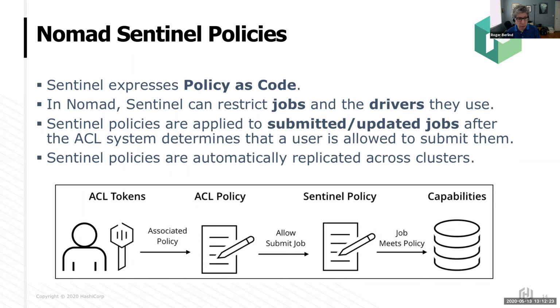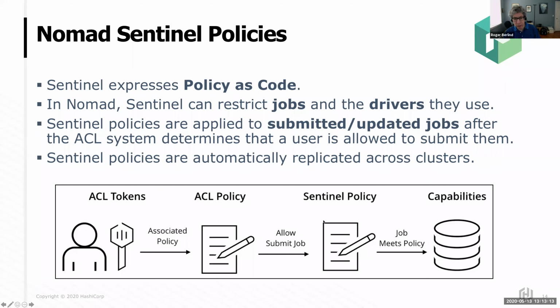applied when you submit a job, either to run a brand new job or to update an existing job. Now, the Sentinel policies are only run, we can see this on the bottom, if the ACL policies indicate that the person, or really the token, who's trying to submit a job is actually allowed to do it. So, the process is first, the ACL token is checked, and then Nomad checks the ACL policy associated with that token to see, is this person allowed to do what they're trying to do?